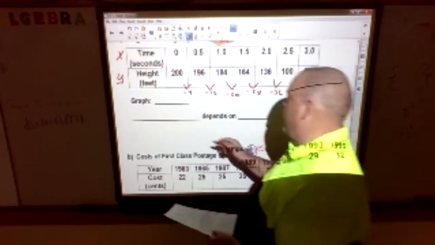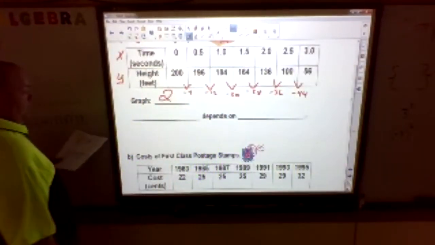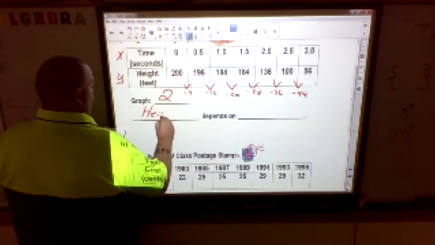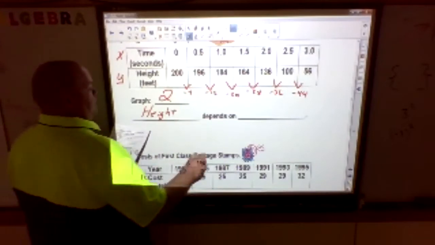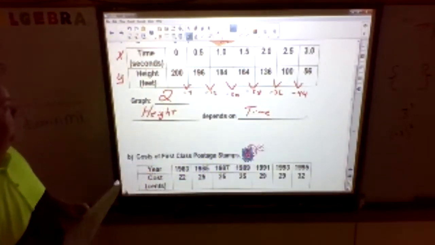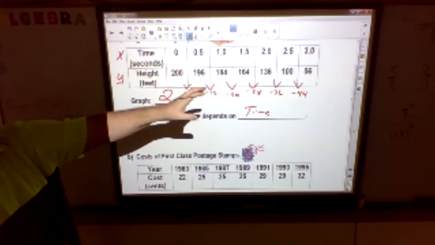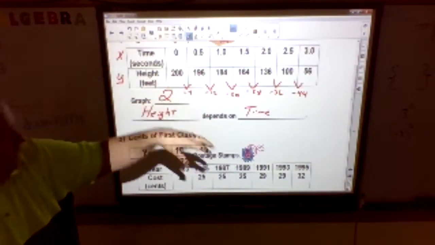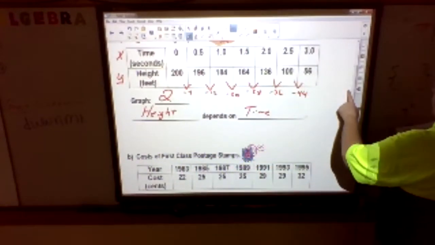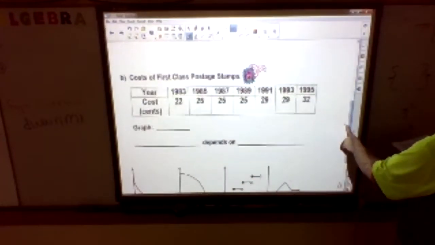It should have been graph number 2. And so the height depends on the time. Of course, the more time that transpires, the balloon, or that falling object, is going to continue to fall.